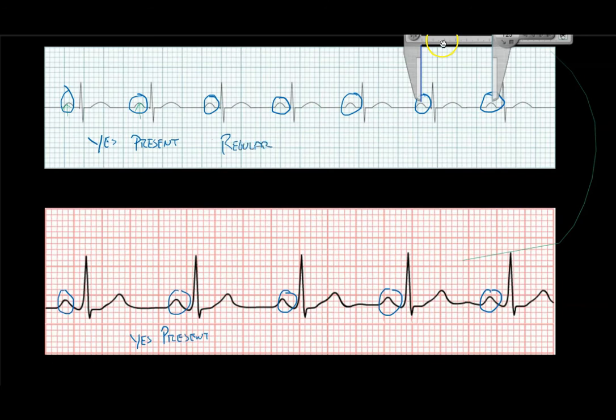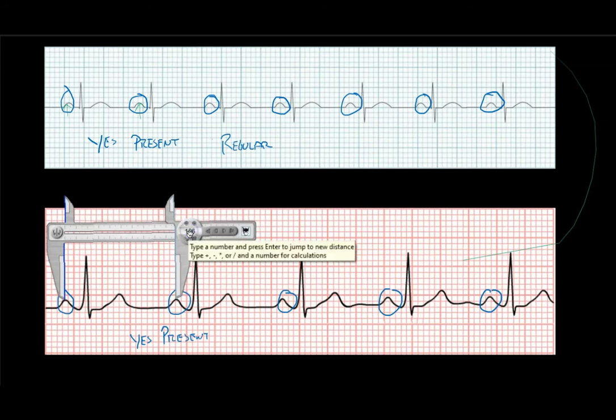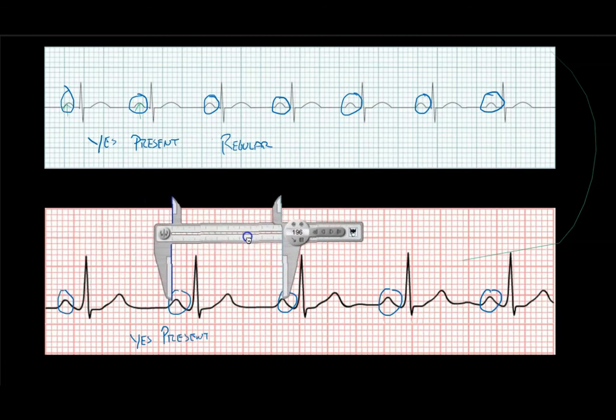So let's take a look at our bottom one. Let's see if that is regular as well. And we're going to move our calipers so we get a good P to P. That's what we're going to call this, a P to P. And we're going to move this down.